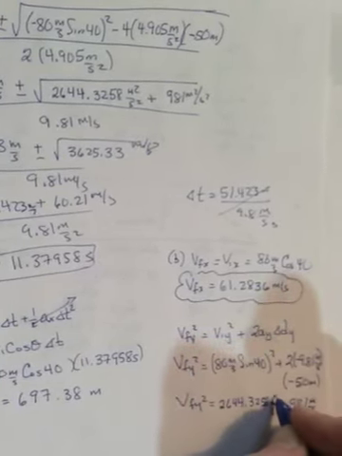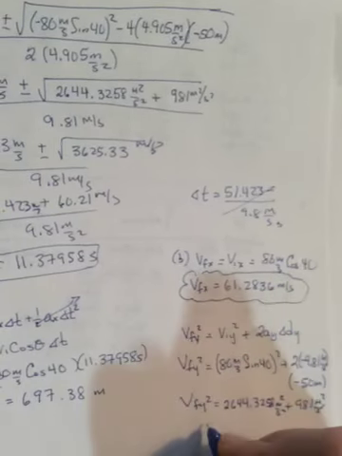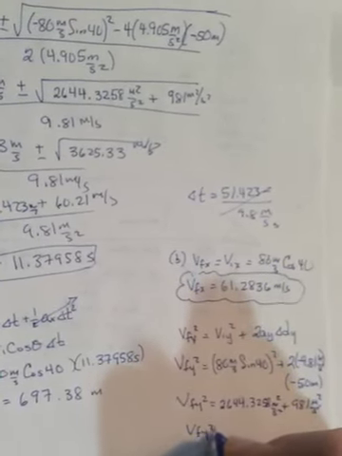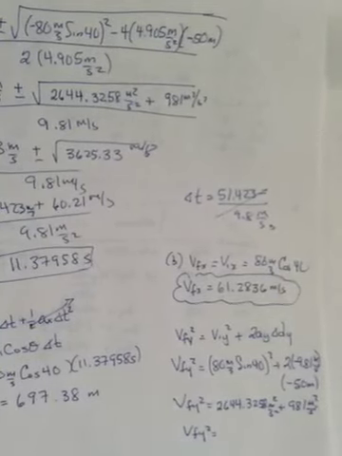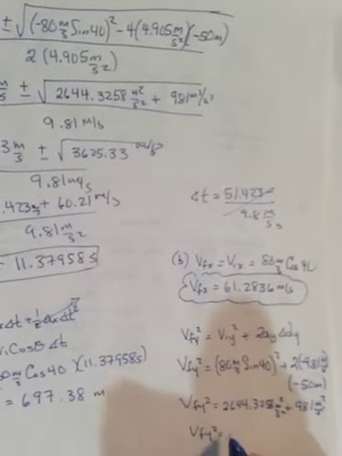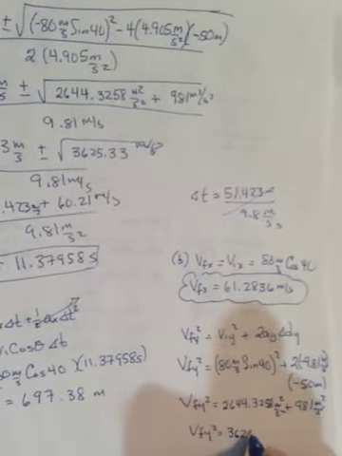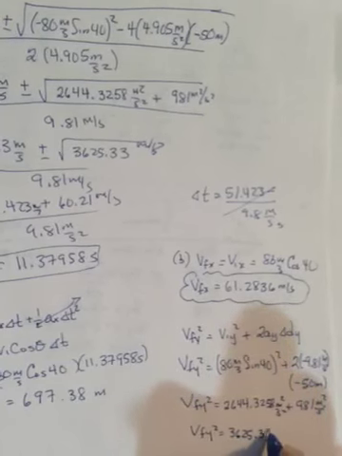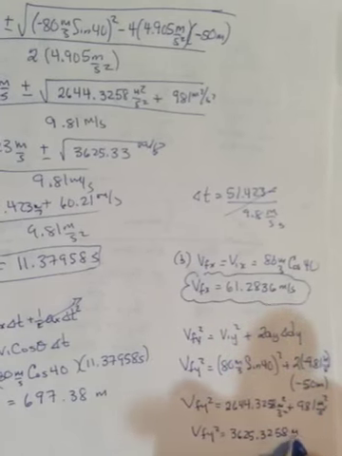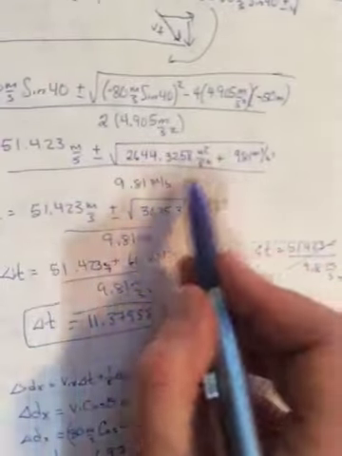And these numbers perhaps should look familiar to you. When you add these together, you get 3625.3258. And when I said these should look familiar to you, look, it's exactly this.